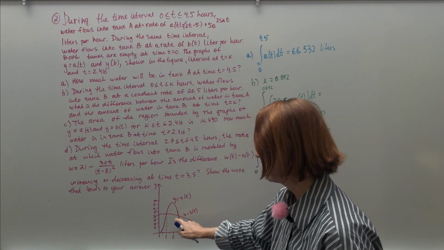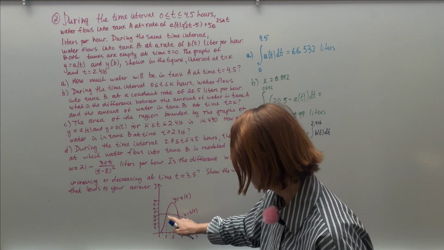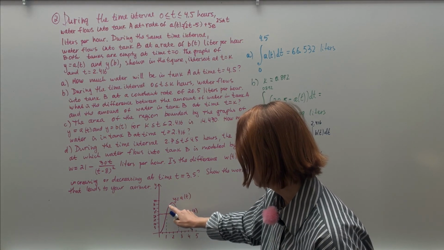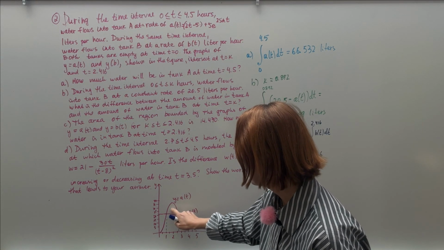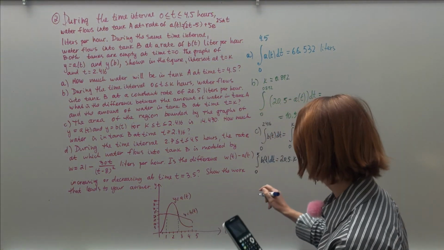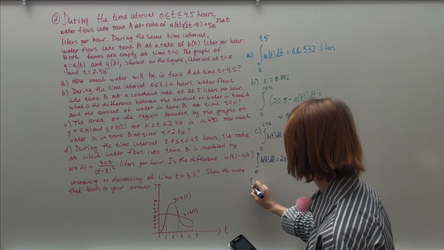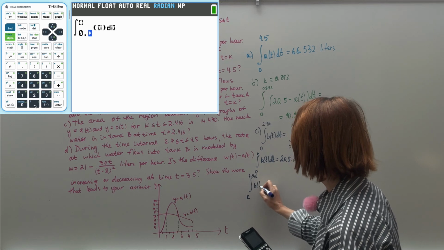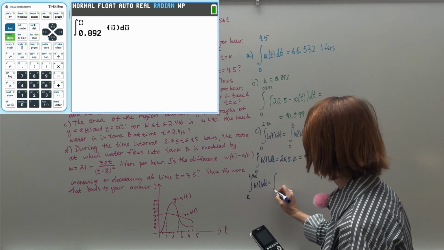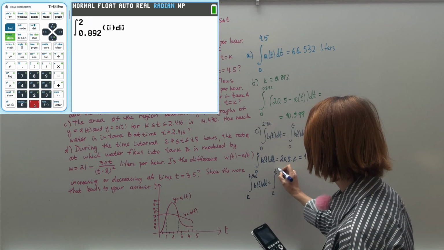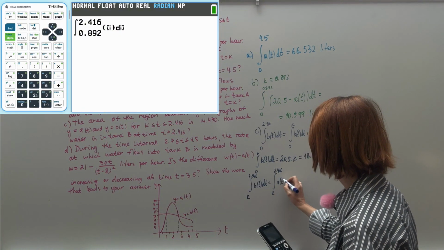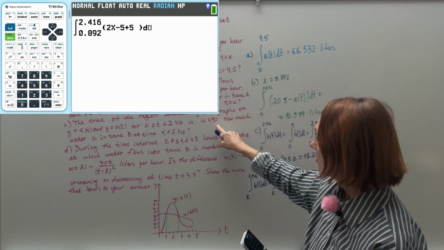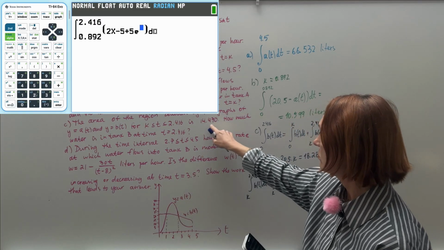Now the integral from k to 2.416, between those two values. Well, we don't know what the function b is, otherwise it would be easy. But we do know what function a is, so we can find the area under this curve and then subtract this little piece. So I'm going to say that the integral from k to 2.416 of b of t dt equals the integral from k to 2.416 of a of t dt minus the area between those two curves, which is 14.470.